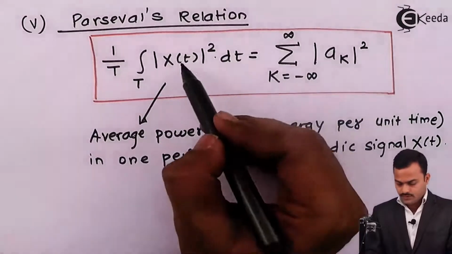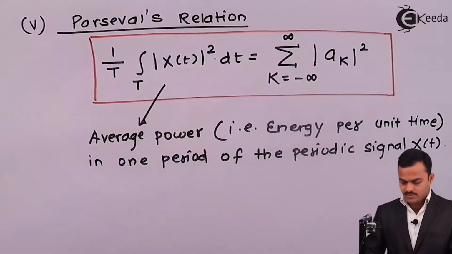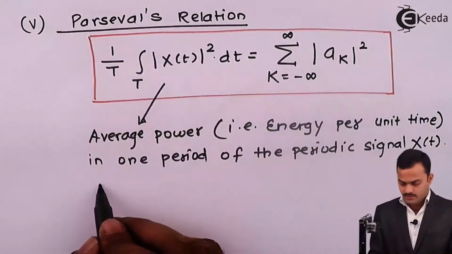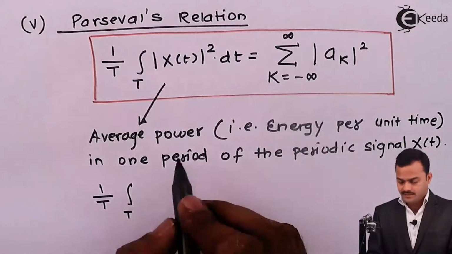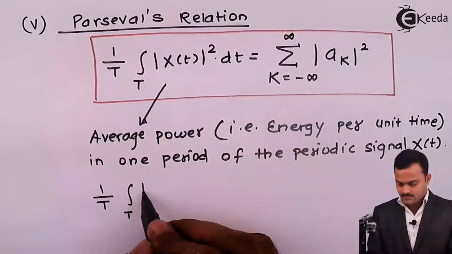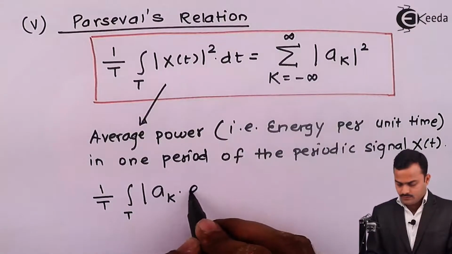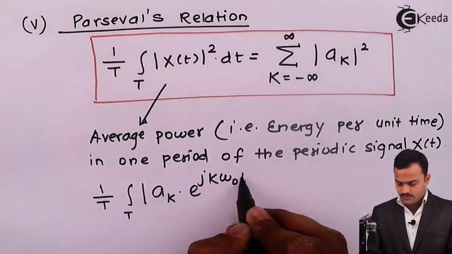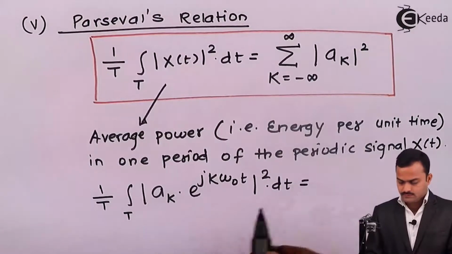What I will do, x of t I will write in a Fourier series representation. So the left hand side of this particular relation will be 1 by T integral over a capital T of mod of a_k into e raised to j k omega 0 t, square dt.